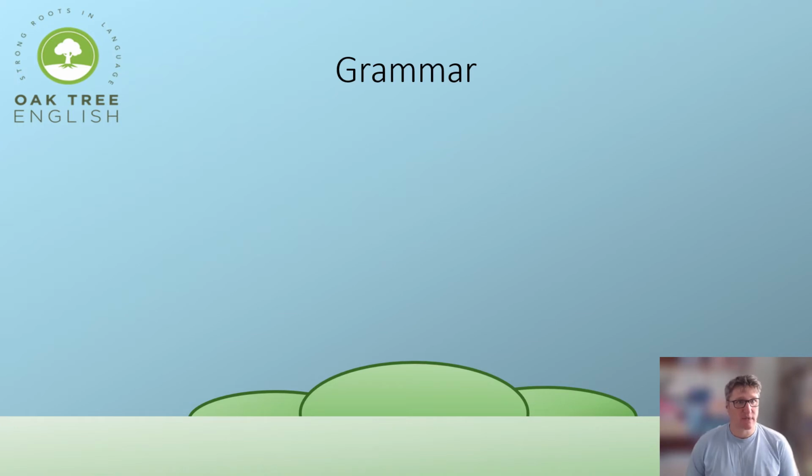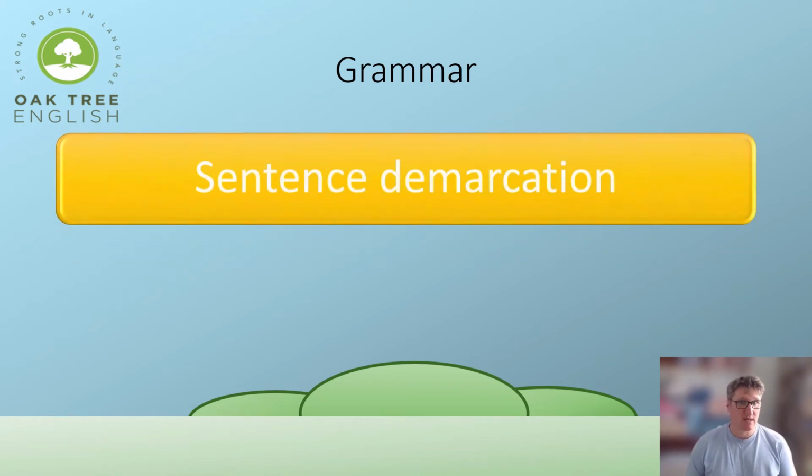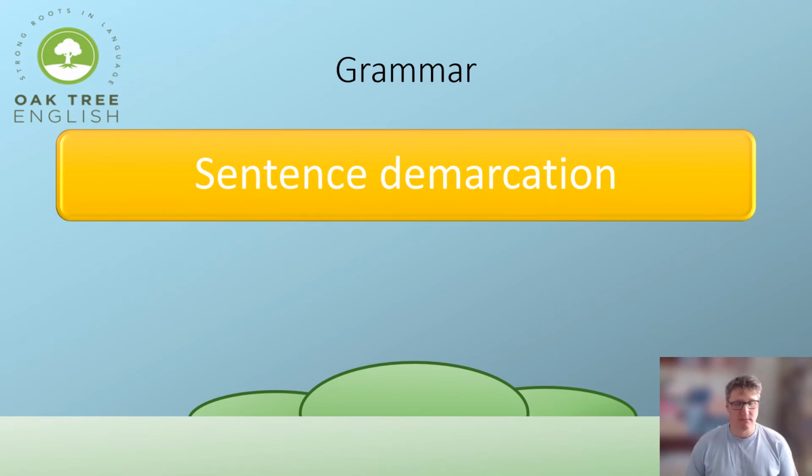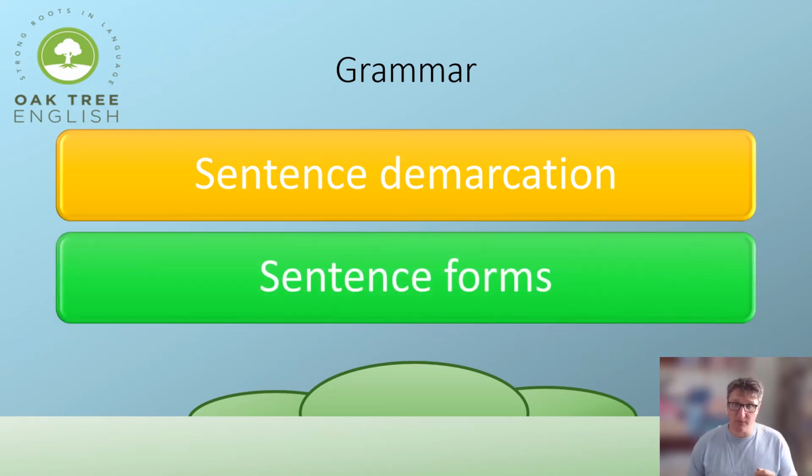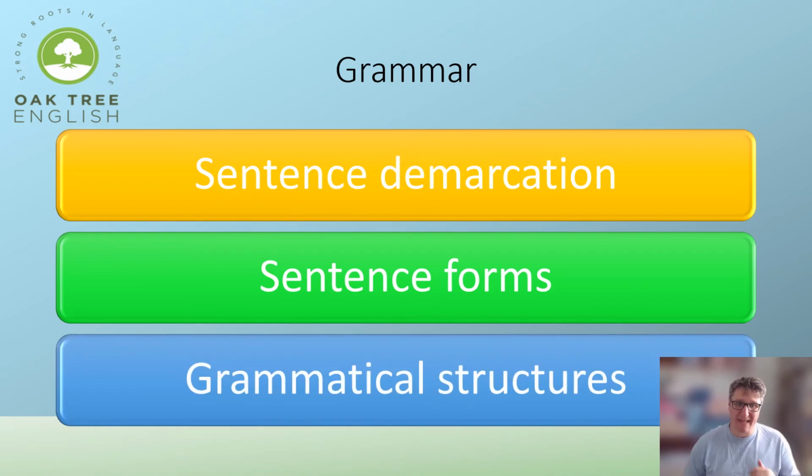So in the grammar, 3 things were mentioned. One, sentence demarcation, which is where you use those 3 end sentences. Two, sentence forms, and three, grammatical structures. I'm going to talk about each one of those.